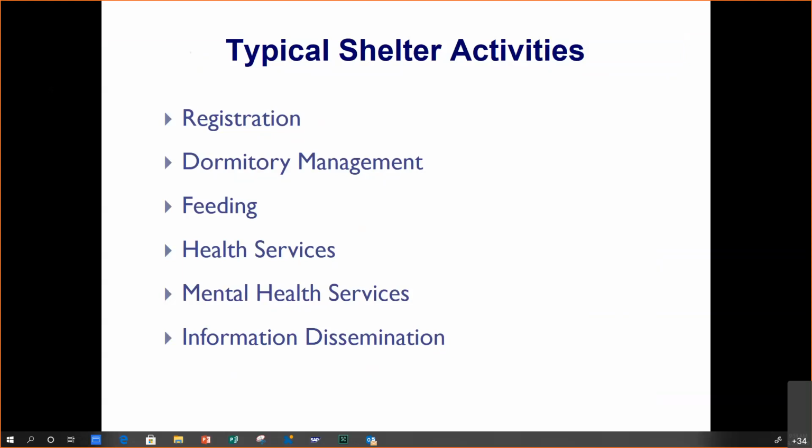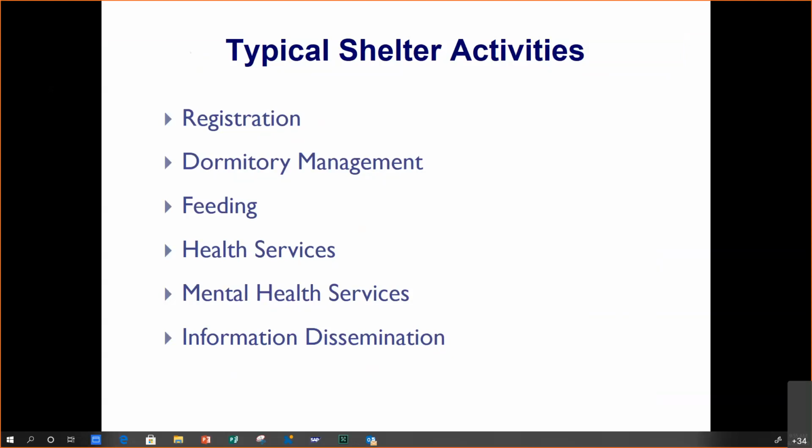It may be DSS or American Red Cross or another agency that's helping out at the shelter. It's important to the residents to have communication available for information, maybe on the shelter layout, where the feeding area is, where the health and mental health services are.